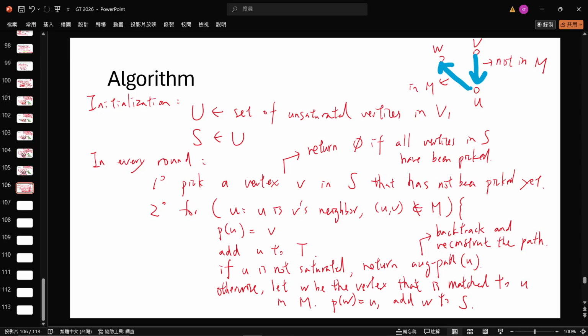This is possible because if the matching M you're considering now is actually the maximum matching, then you cannot find an augmenting path. You will check all the vertices in S and not find any augmenting path.